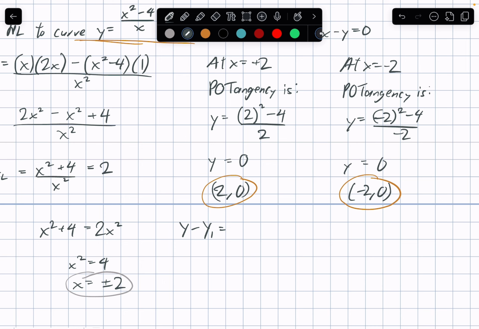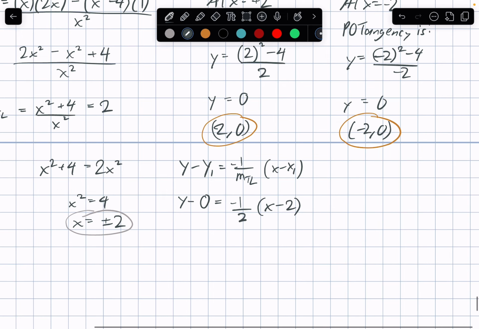So we're basically going to use the equation involving the normal line. So y minus 0 and then -1/2. There you go. y is equal to -1/2 x plus 1.